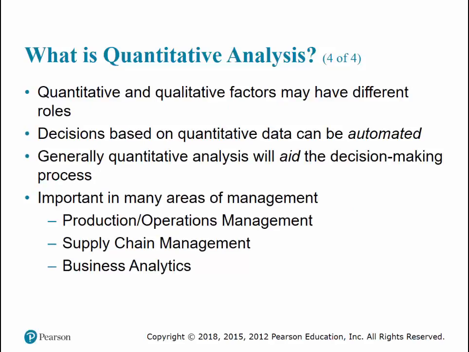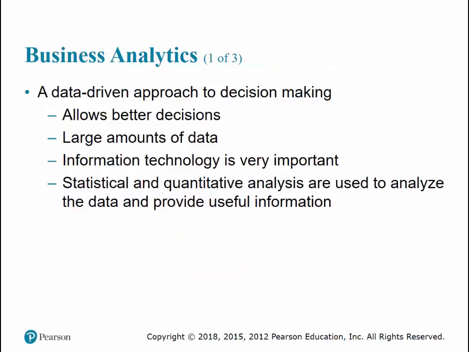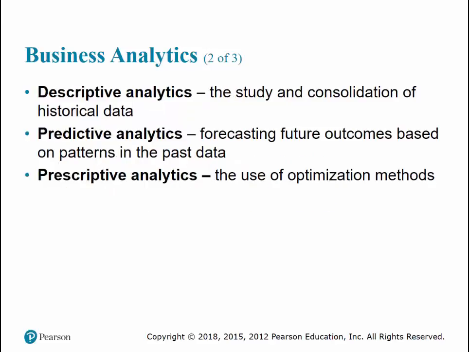So here are some examples of quantitative analysis that can be used in production and operations management, supply chain. Then there is a seemingly new field coming up in business analytics, where quantitative analysis is very extensively used. So business analytics is a data-driven approach using large big data and coming up with insights that will be useful for decision making.